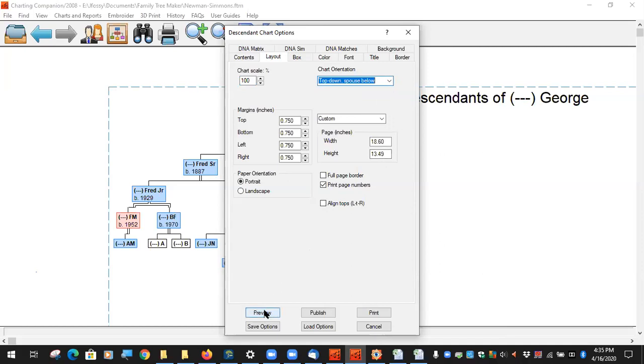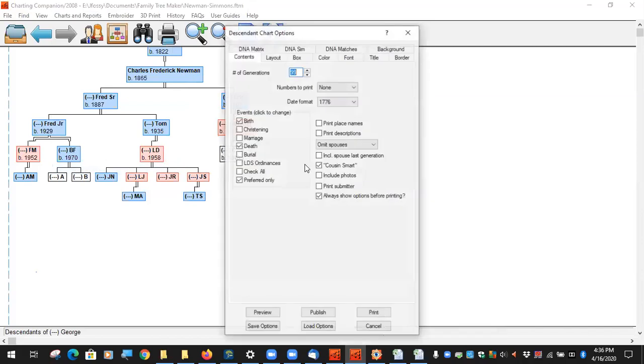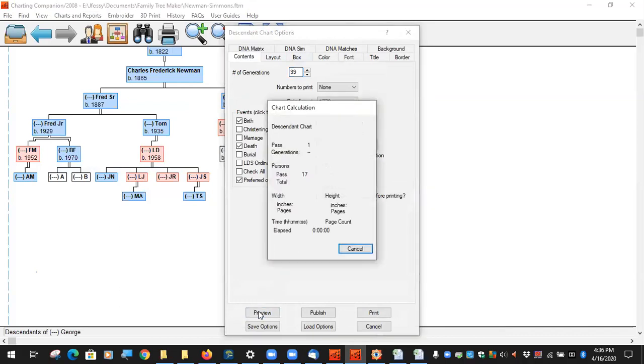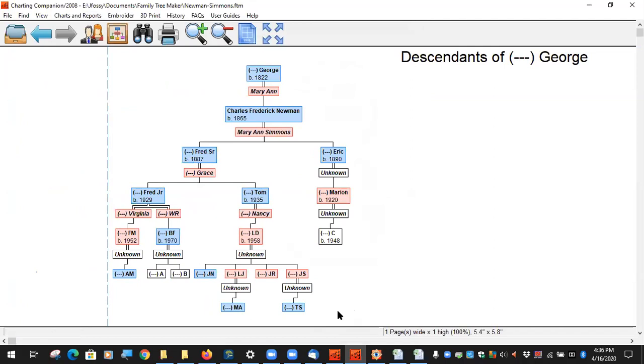Sometimes it can get difficult reading exactly who's the child and who's the spouse. Having the spouse below kind of eliminates that. Is there a way, like, I don't care about the spouse for mine because it's just a DNA one, but I do want the spouse on the top. Is there a way to do that?